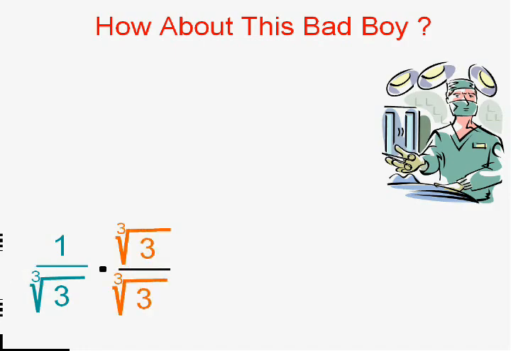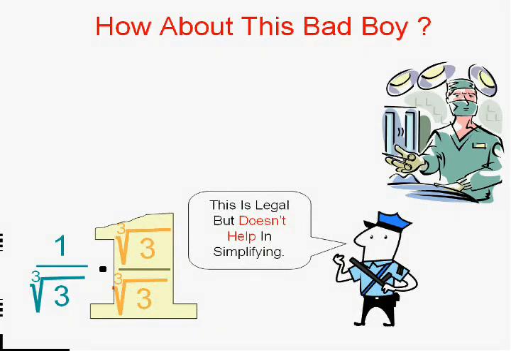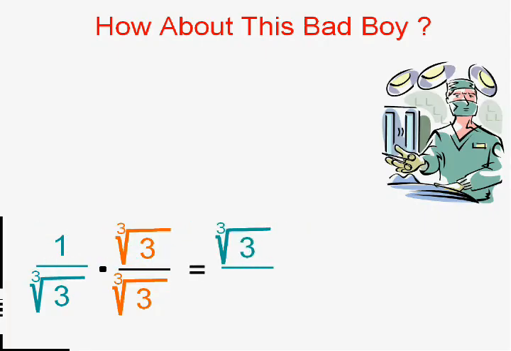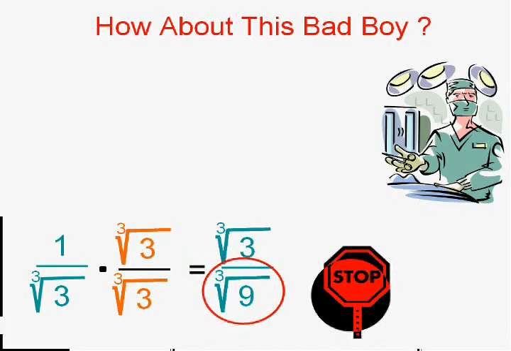If you multiply top and bottom by the cube root of 3 over the cube root of 3, what a maroon. What an ignoramus. Why it is legal because it's 1, I don't think that's going to help you. The top will be a cube root, and the bottom will be the cube root of 9, which is not a perfect cube root.